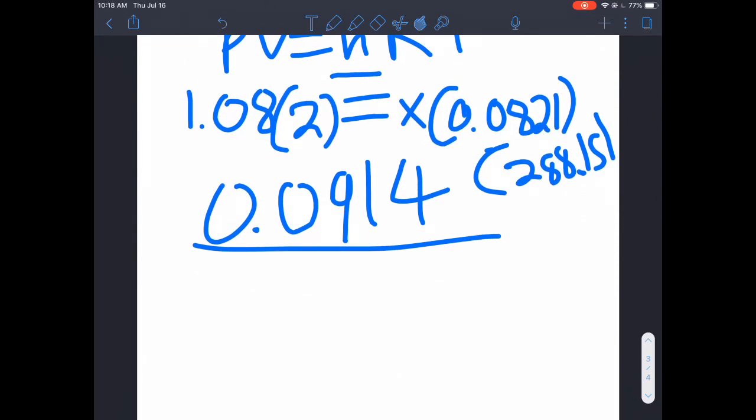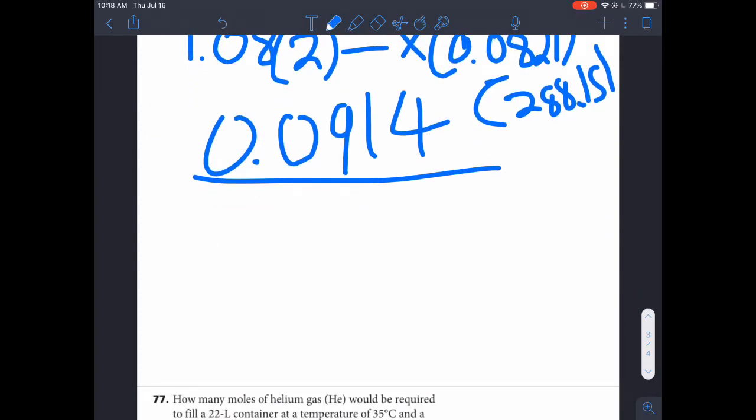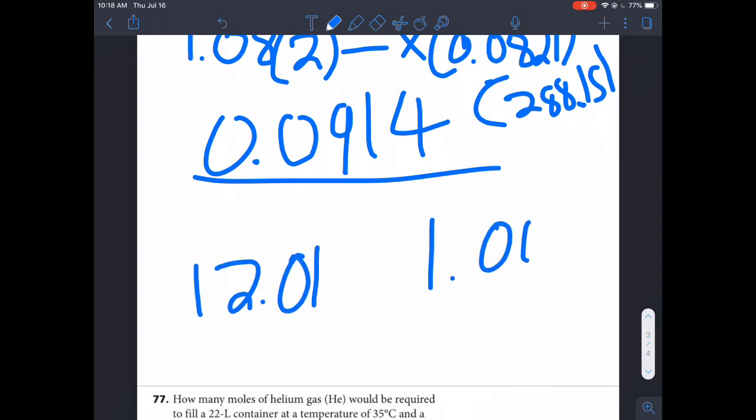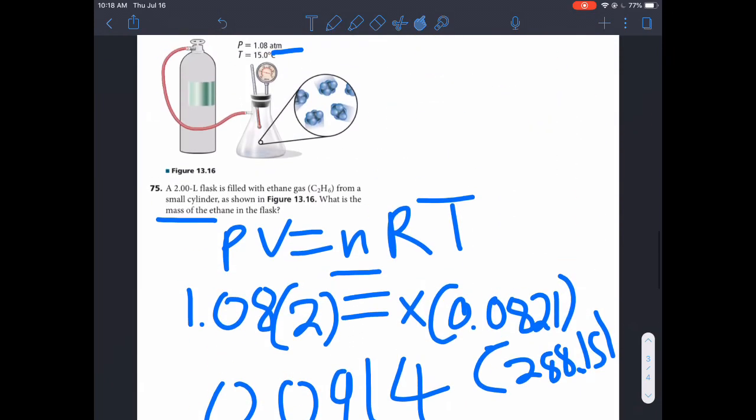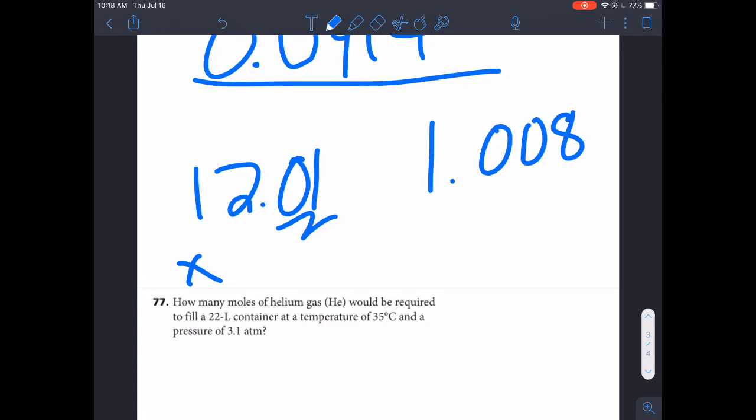So we're going to have to use the molar masses of carbon and hydrogen. So the molar mass of carbon is around 12.01 and hydrogen is 1.008. So we're going to multiply hydrogen by 6, carbon by 2.